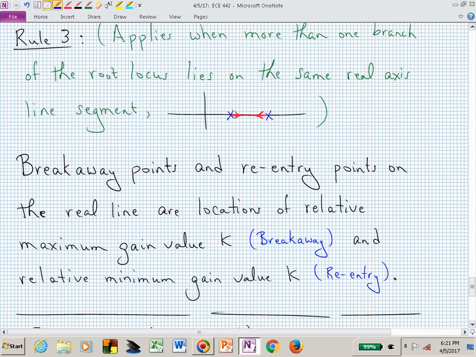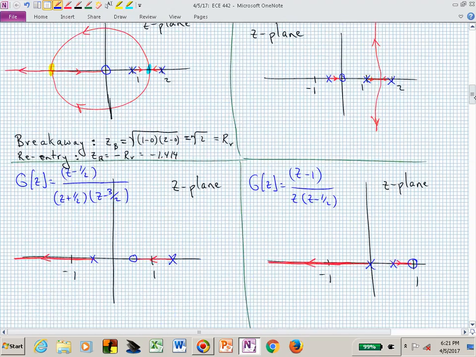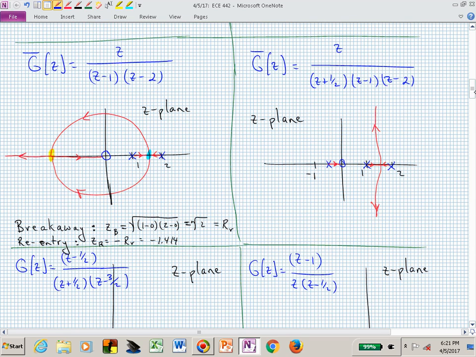And that was in our earlier root loci. On the one on the left, we have a breakaway point between 1 and 2, and we have a re-entry point to the left of the origin. Is that clear? The one on the right, what do we have?